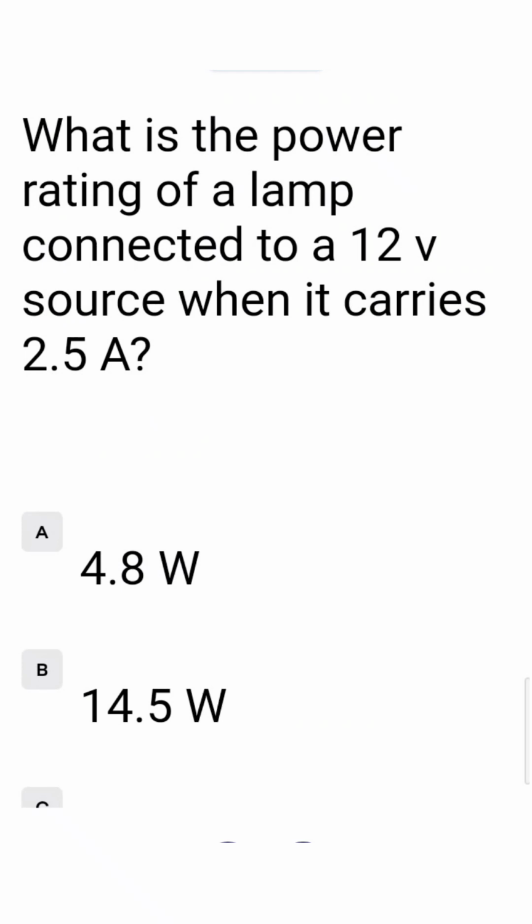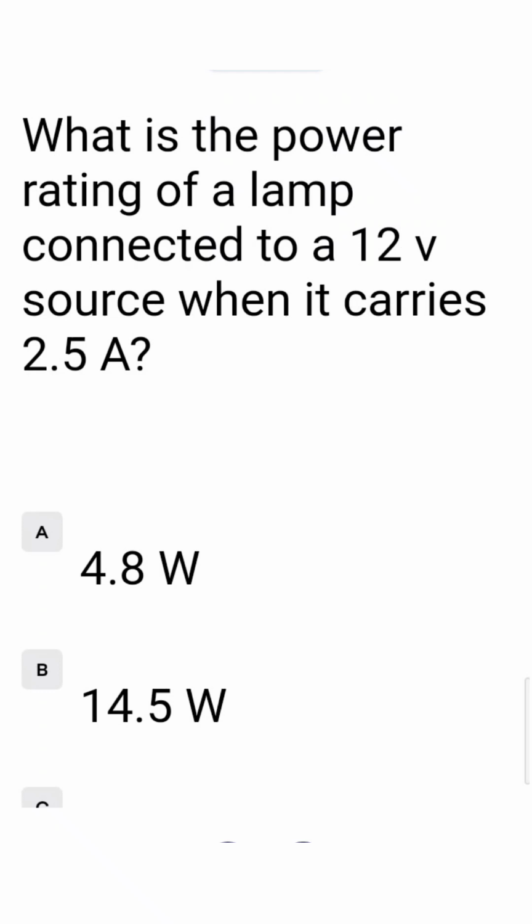What is the power rating of a lamp connected to a 12-volt source when it carries 2.5 ampere? For this, the formula for power is P is equal to IV. 2.5 multiplied by 12 becomes 30.